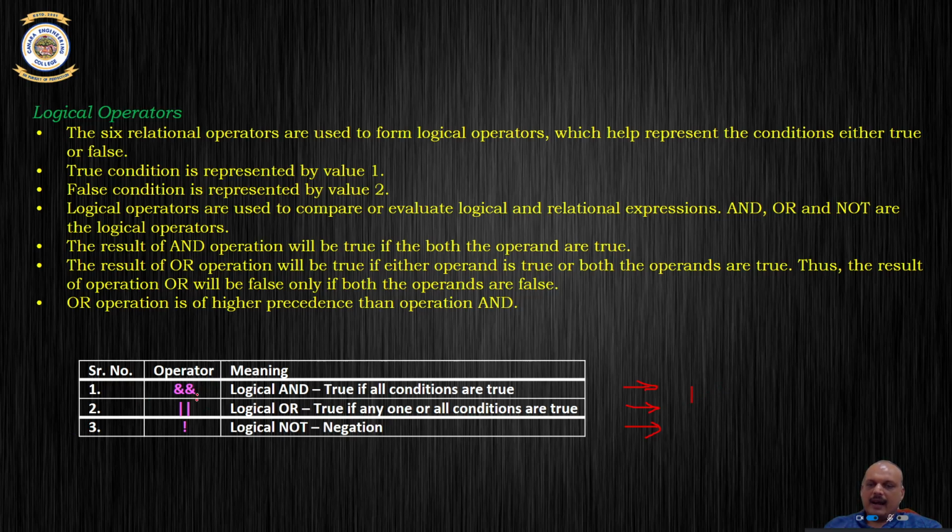So you can have an AND or a NOT operation or a greater than or equal to. All these operators, whether they are logical or relational, the output is always either a true value or a false value. C supports basically three logical operators: AND, OR and NOT.